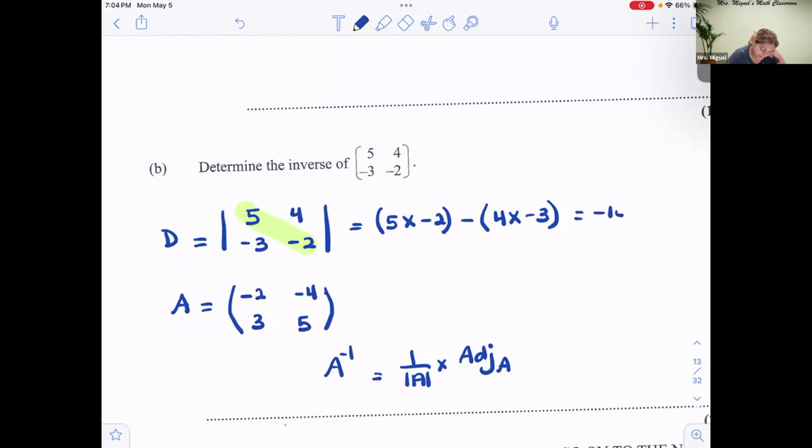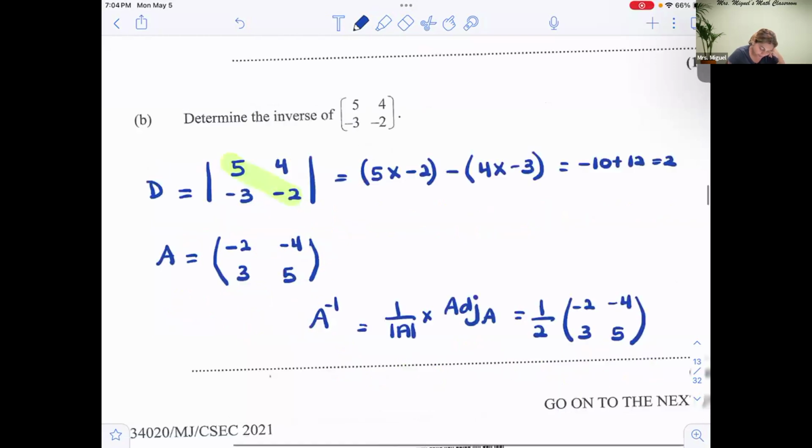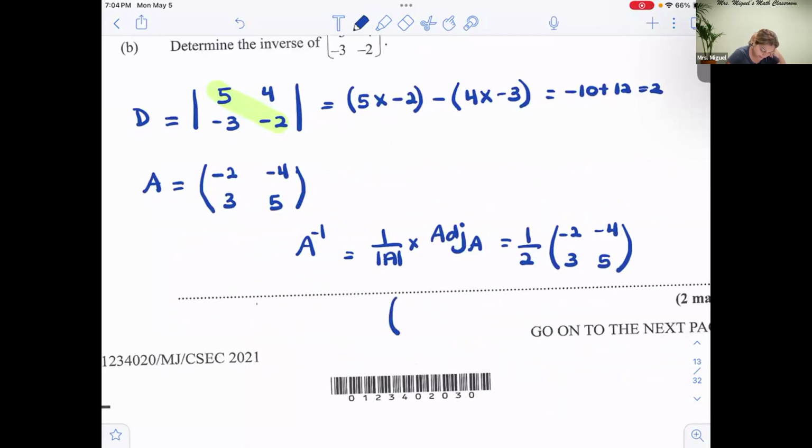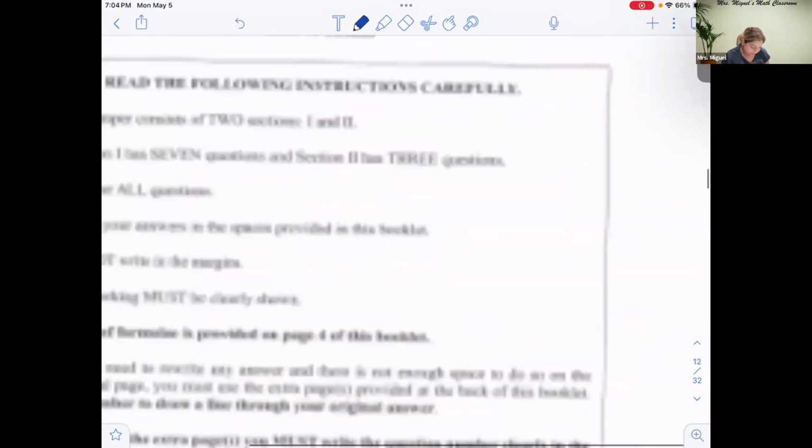All right, so we get -10 plus 12. This is 2. So it's 1 over 2, -2, -4, 3, 5. So you multiply it out and you will get -1, -2, 3 over 2, and 5 over 2 for 2 marks. All right, so that concludes that part of the question.